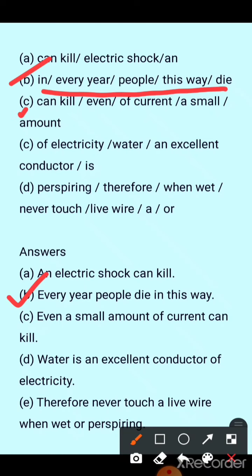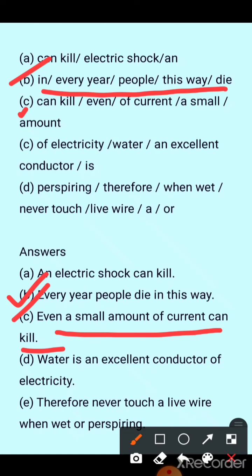Next, can kill even of current a small amount. Number C. Even a small amount of current can kill. This makes the sentence syntactically correct. So that is why the sentence must be written in this way.